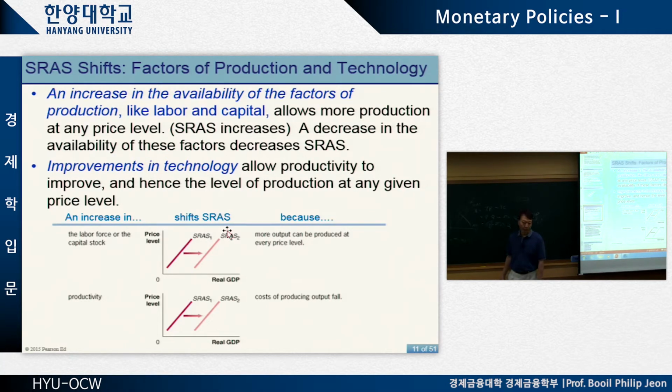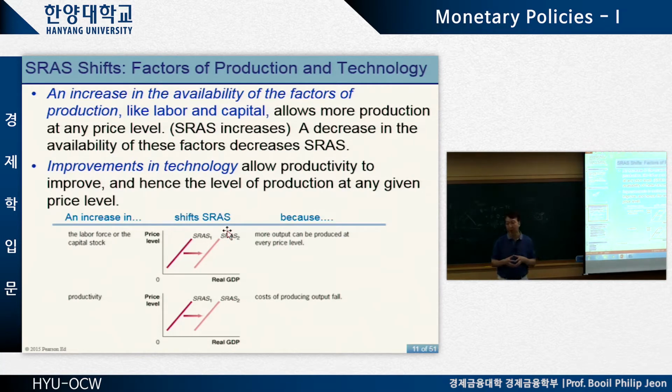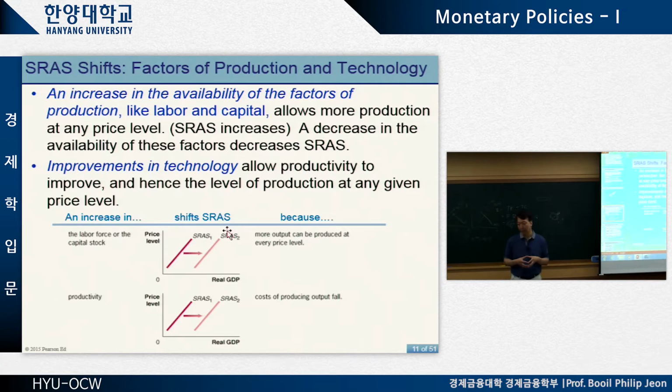If the amount of resources decreases, then the short-run aggregate supply will shift left, or decrease. Productivity improvement means you can produce larger output with the same amount of resources, so it's the same effect as an increase in resources.